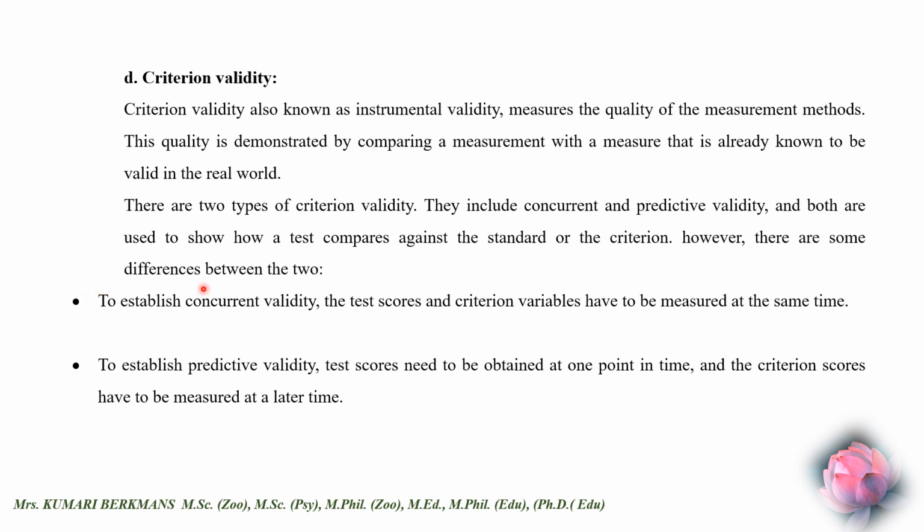However, there are differences between the two. To establish concurrent validity, the test scores and criterion variables have to be measured at the same time. To establish predictive validity, test scores need to be obtained at one point in time and the criterion scores have to be measured at a later time.